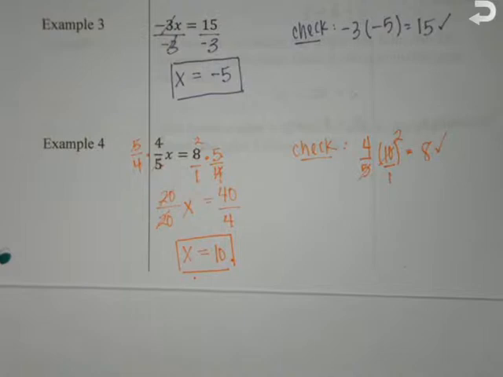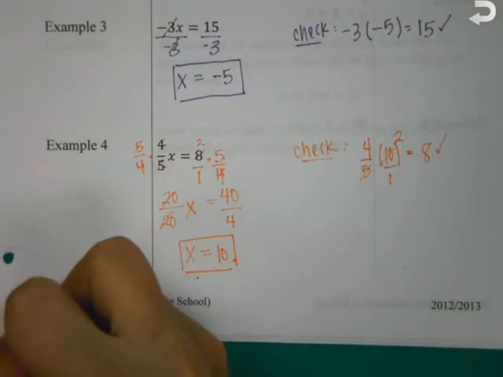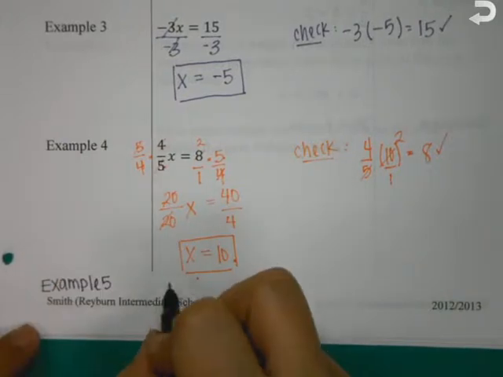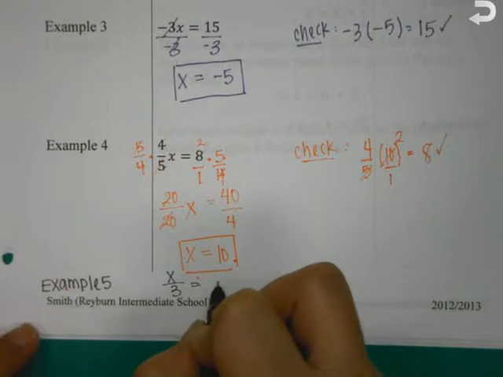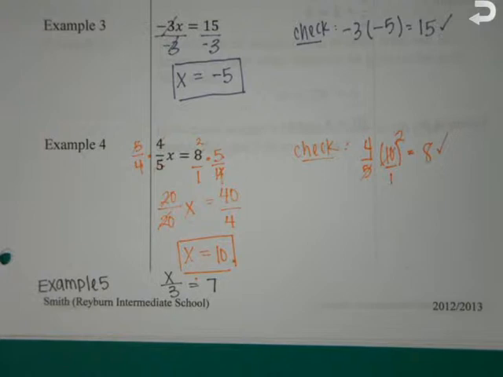Okay. So example 5. Let's do x over 3 equals 7. Okay, so we're going to make up an example 5. X over 3 equals 7.